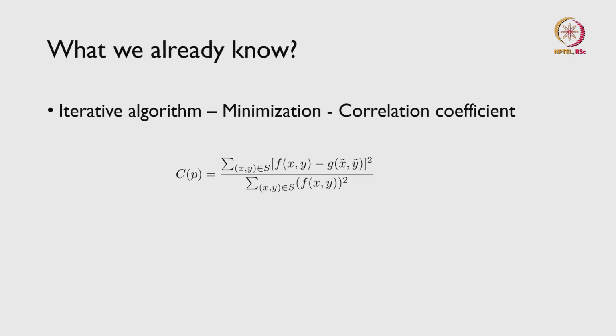In this open source software the correlation coefficient definition is slightly different, but the basic formulation of the algorithm is the same. It is an iterative technique for getting the deformation field, that is p, while searching for minima of the correlation coefficient.